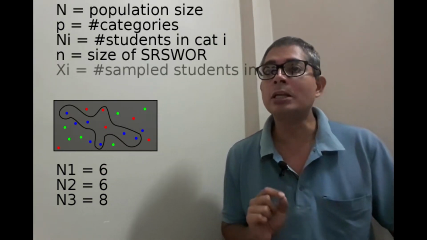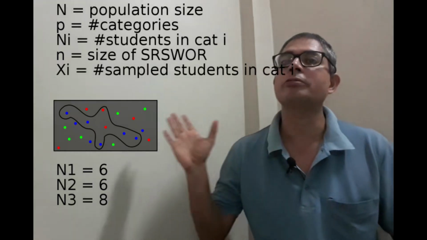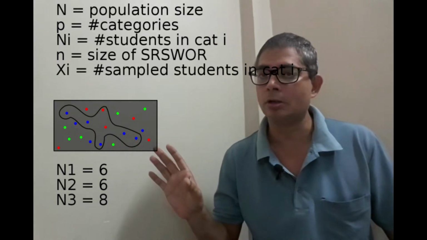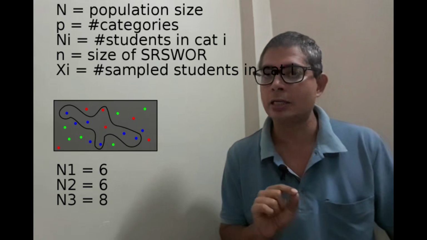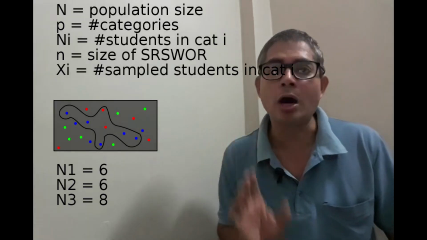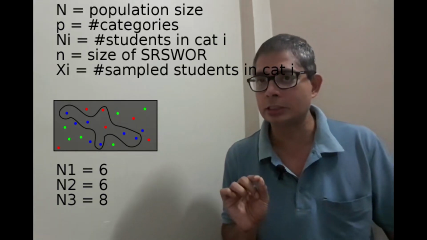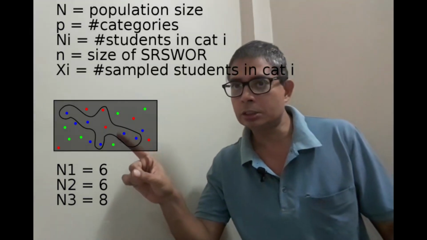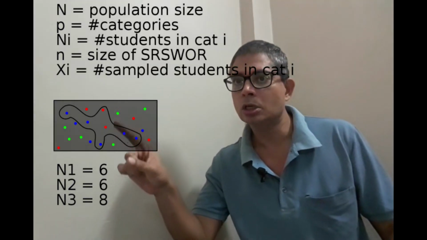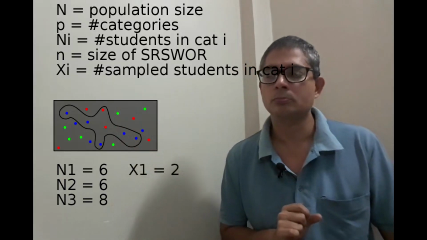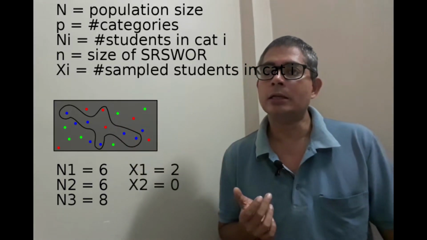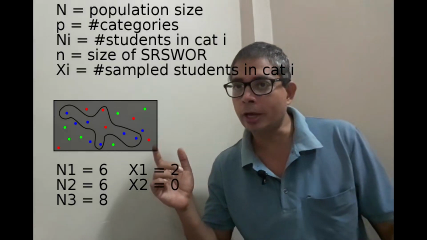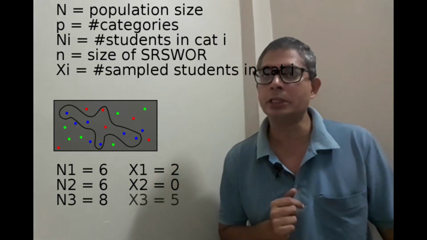Now we count the number x_i of students in our sample belonging to category i. For example, here x_1 is the number of red points in the sample, which is, I think, 2. And if we look at the number of green points, that is 0, so x_2 is 0.